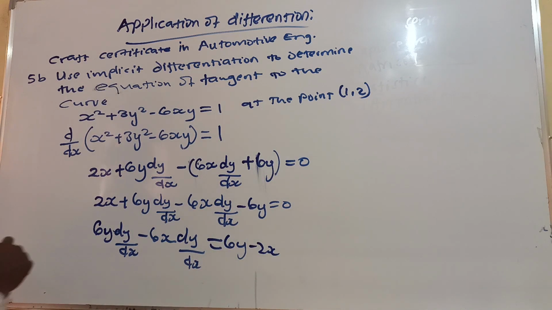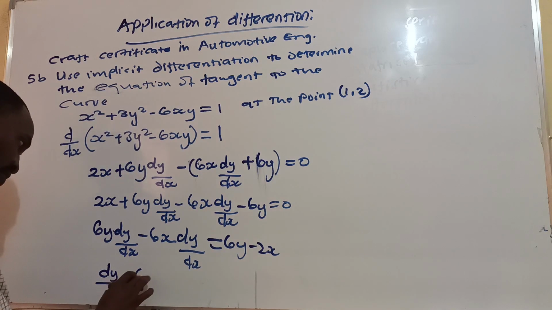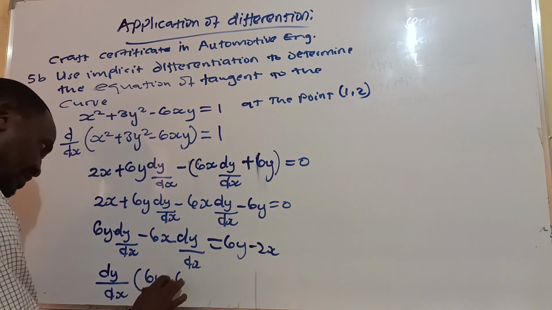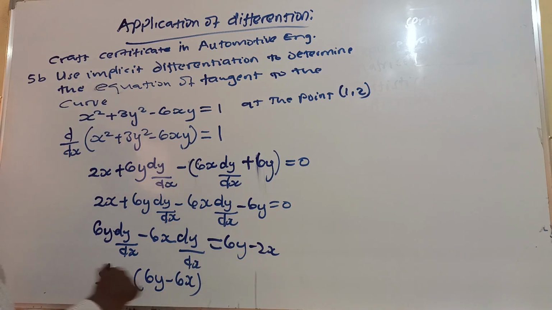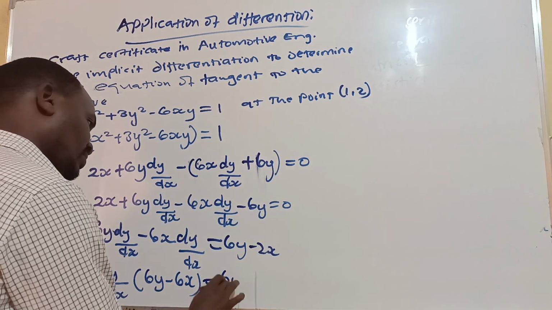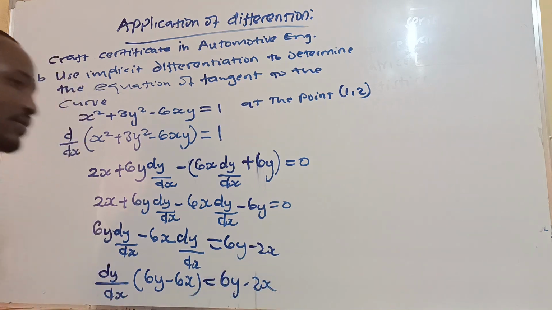Factor out dy/dx, so we have dy/dx into 6y minus 6x is equal to 6y minus 2x.